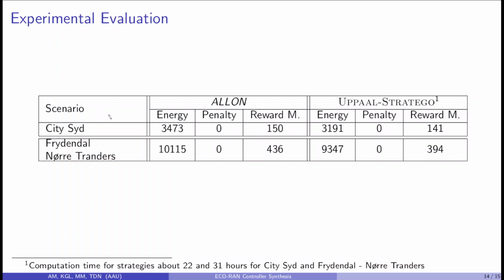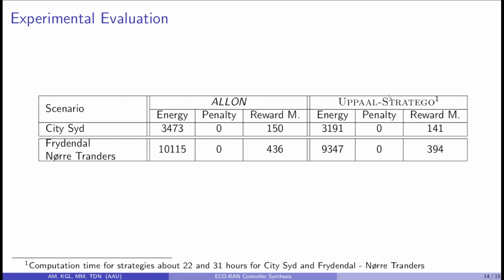In this table, we have some results. For CitySuit, the all-on controller, which is not optimizing any reward, uses this amount of energy, 3,473, and the reward is about 150 million. Of course, this controller is not optimizing for the reward, it's just a baseline.